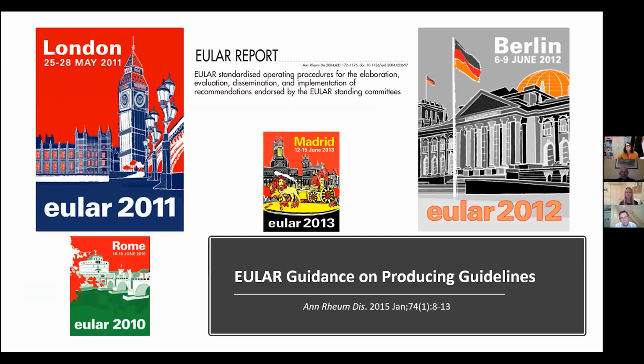Okay, now I've already mentioned, various organizations have ways of doing this, and different medical bodies around the world will use different approaches, Delphi type approaches, and actually the EULAR guidance on producing guidelines is based on a modified Delphi process to try and simplify this. But what's very important is it introduces a voting process. And that voting, of course, is important for a number of reasons, and we'll come back to that in a moment.